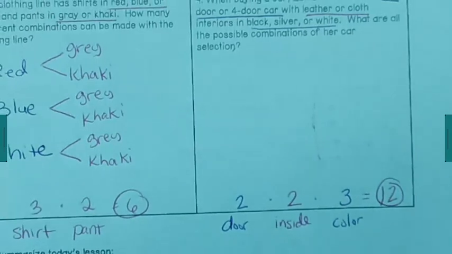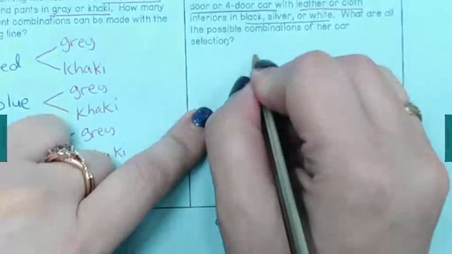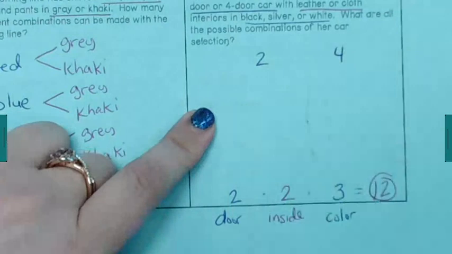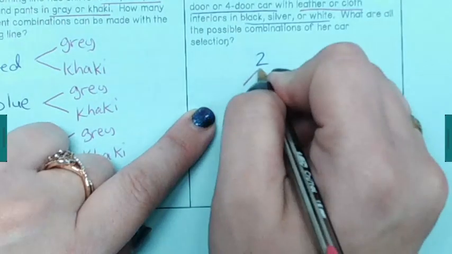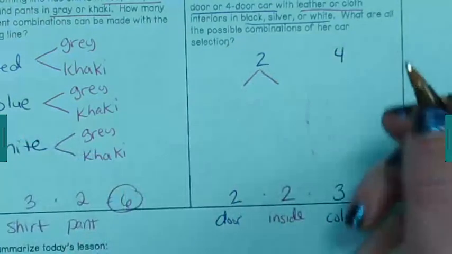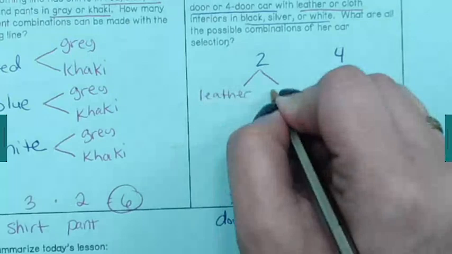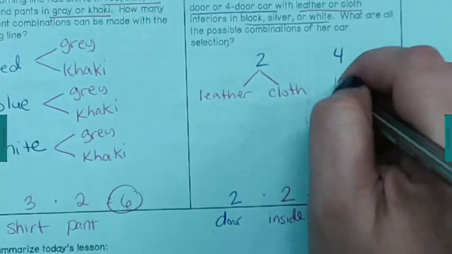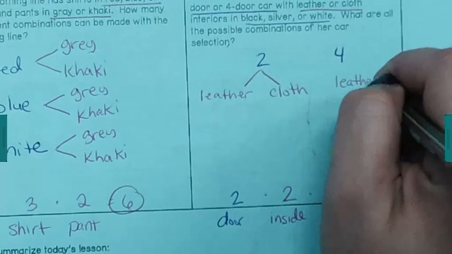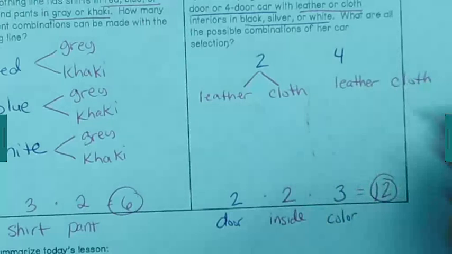All right, so first is my doors. My options are 2 and 4. If I get a 2-door, what are my options for the inside? Leather or cloth. If I get a 4-door, what are my options? Leather or cloth. I should have moved my 4 over here.